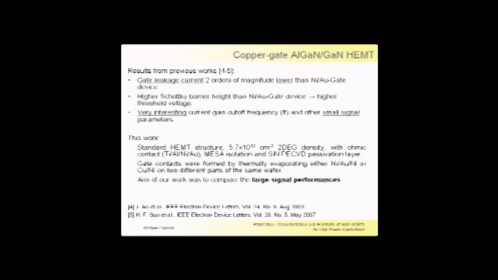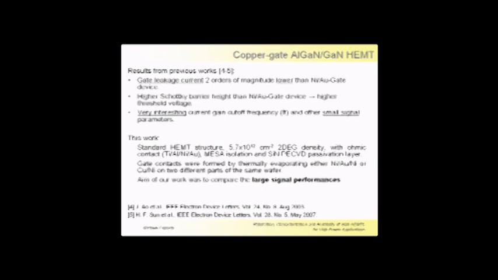In literature, there were results reporting gate leakage current suppression, 2 orders of magnitude lower leakage current, higher Schottky barrier height, and very interesting small signal parameters. But none of those works have reported large signal performance.